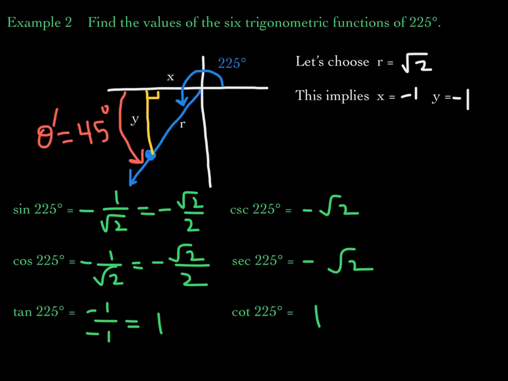So from now on, instead of finding the 6 trig function values of something like 225 degrees, first, we will find its reference angle. In this case, it would have been 45 degrees. And then we will find the 6 trig function values of the reference angle, which would be the absolute value of all of these answers here. And then finally, just choose the correct sign.